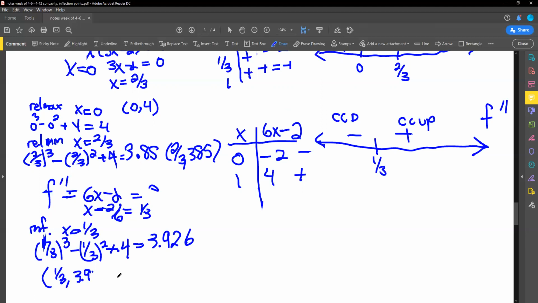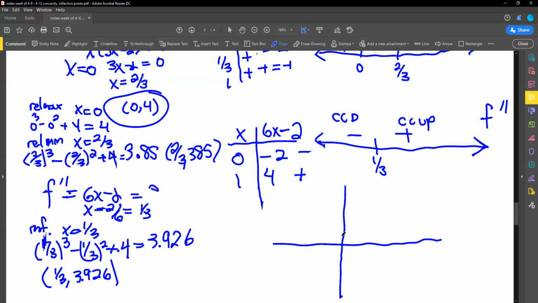All right, what this does is give me a lot of information about this graph, and if I put these points on there, we'll pretty much be able to sketch all the significant features. So I'm going to make a little table here. I know that there's a relative maximum at (0, 4). I'll plot that.